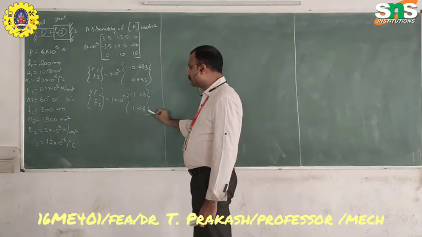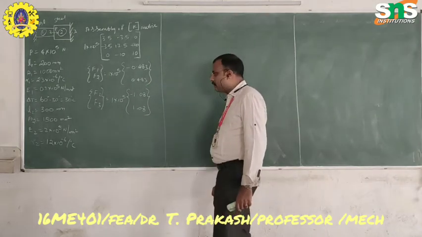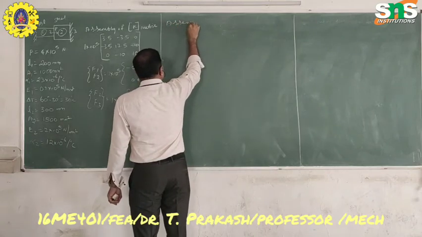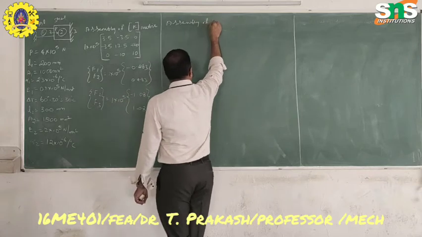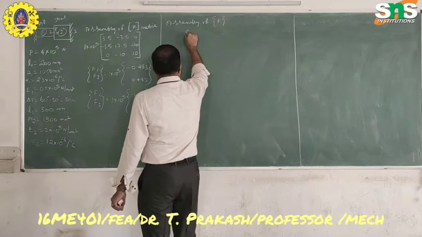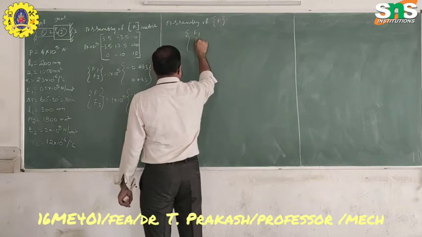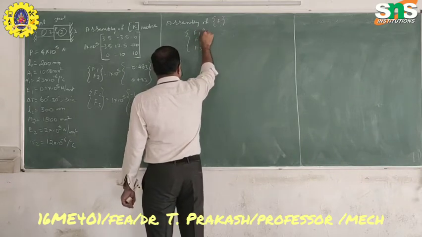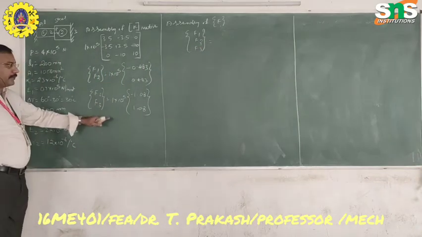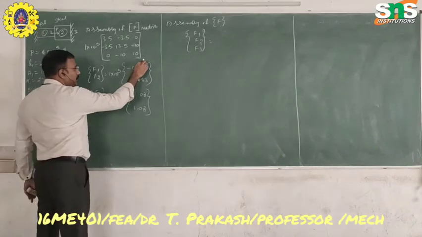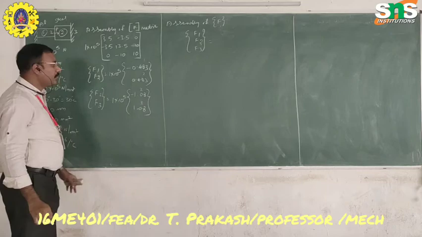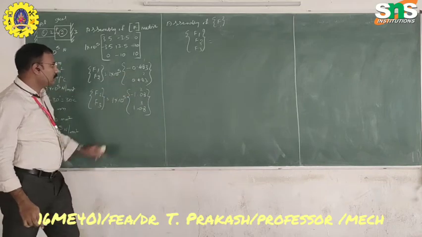In continuation, we have to assemble the force vector F1, F2, F3. We have already found these values, F1, F2 and F2, F3. This is the first value, this is the second value and the third value. Therefore, we have to add the second values.